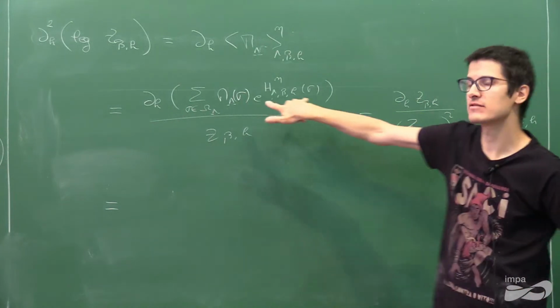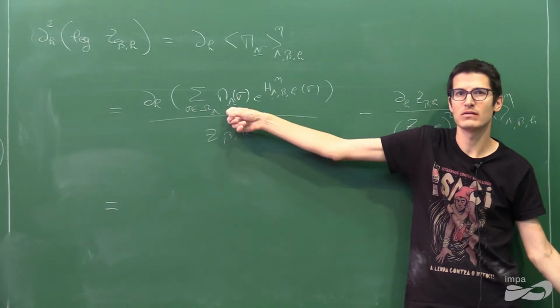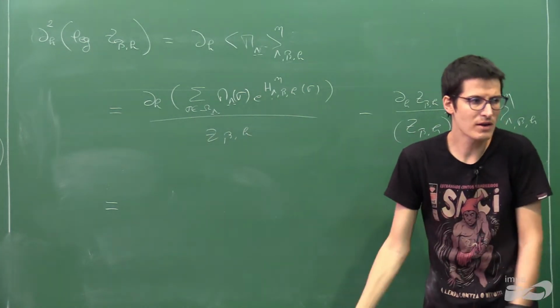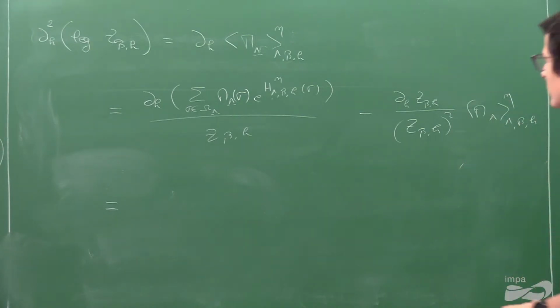Okay, now when I'm taking the derivative here, this does not depend on h, so I just have to take the derivative of the exponential, and what happens is exactly the same thing as before, that this term m lambda of sigma goes down from the exponential.